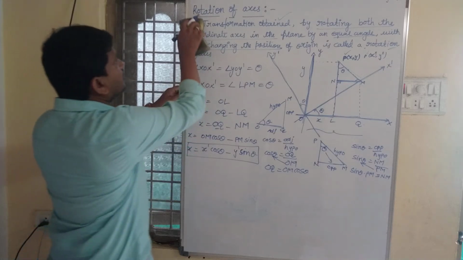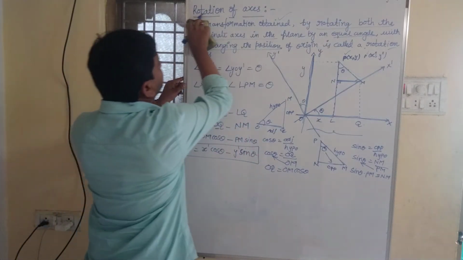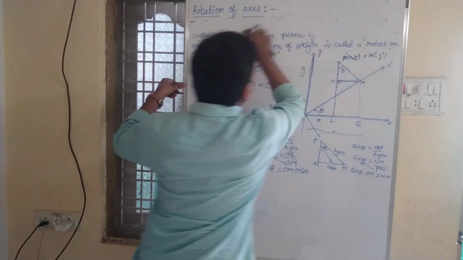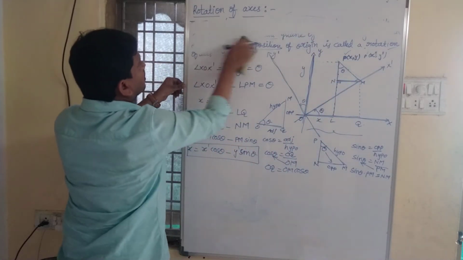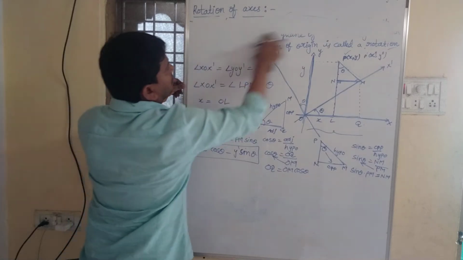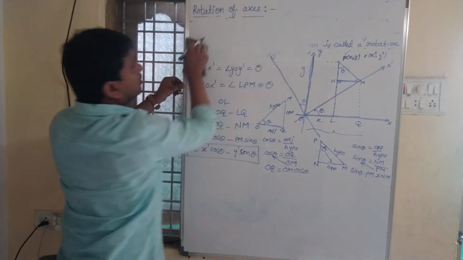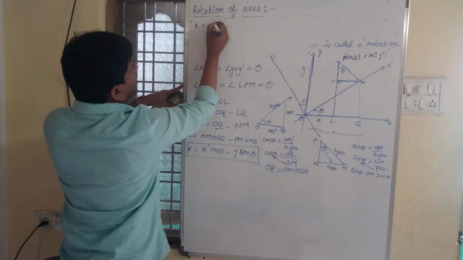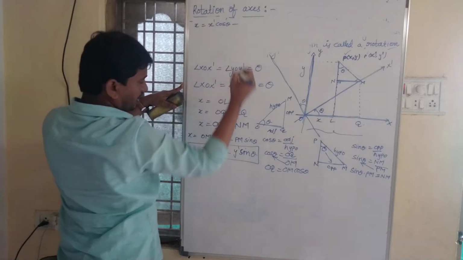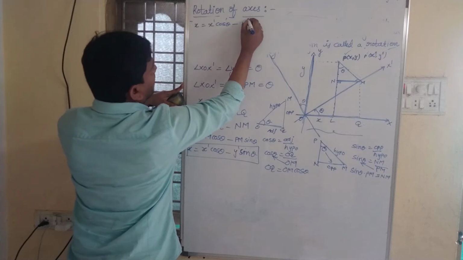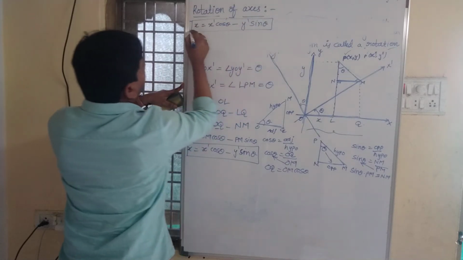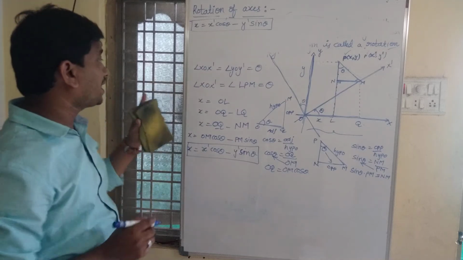So we have the formula for x. This is our original axis, x coordinate x.